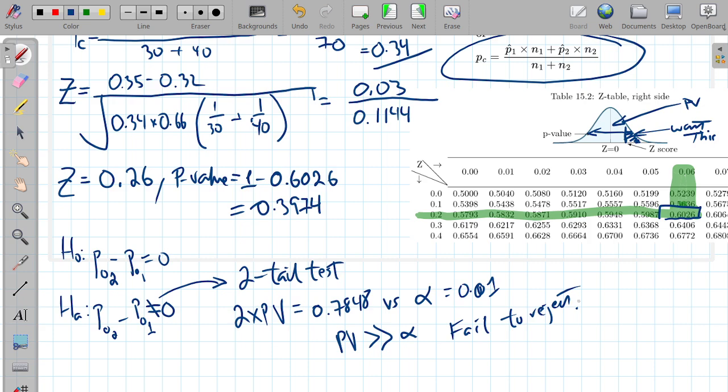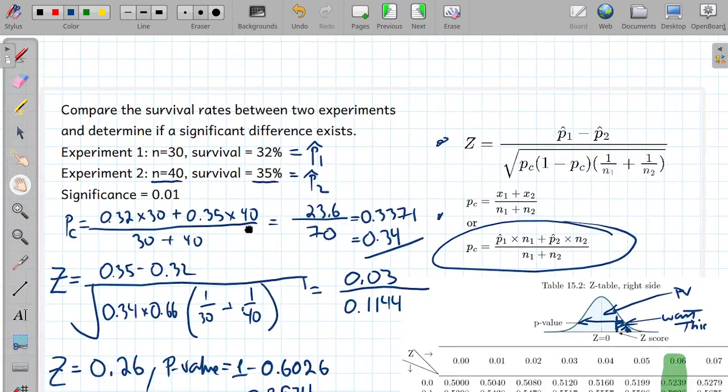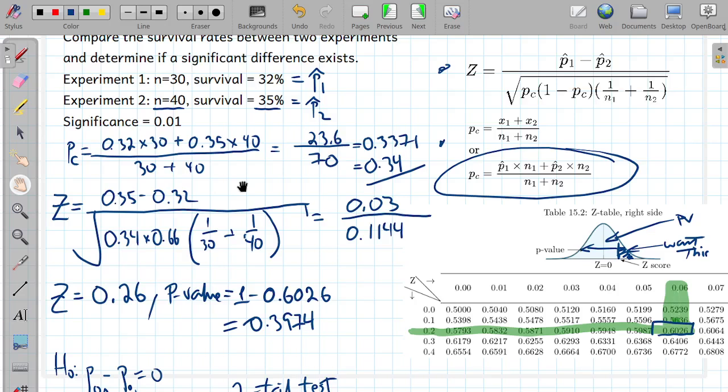And when we think about it, that kind of makes sense. Given the size of the samples and only a 3 percentage point difference in survival rate, not much going on there. Now, if those samples had been 300 and 400 respectively, things might have been different. But they're not, and that's all there is to this example, really.